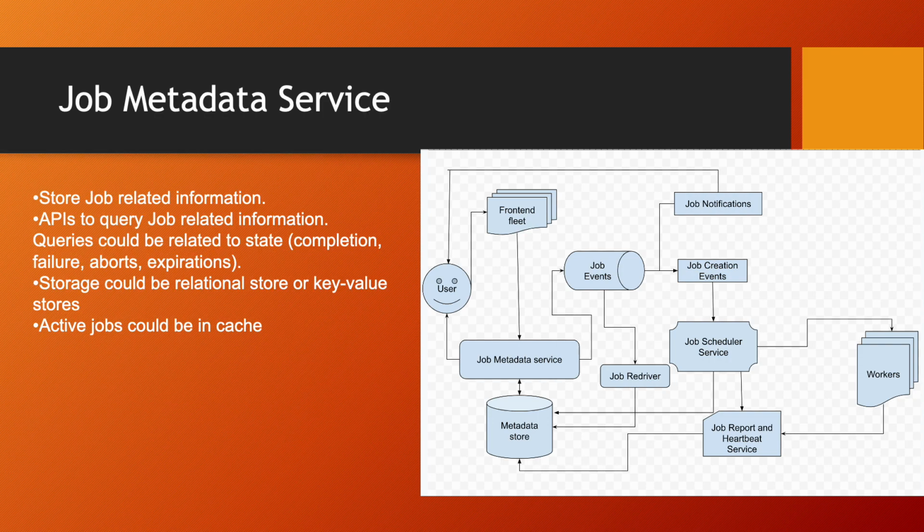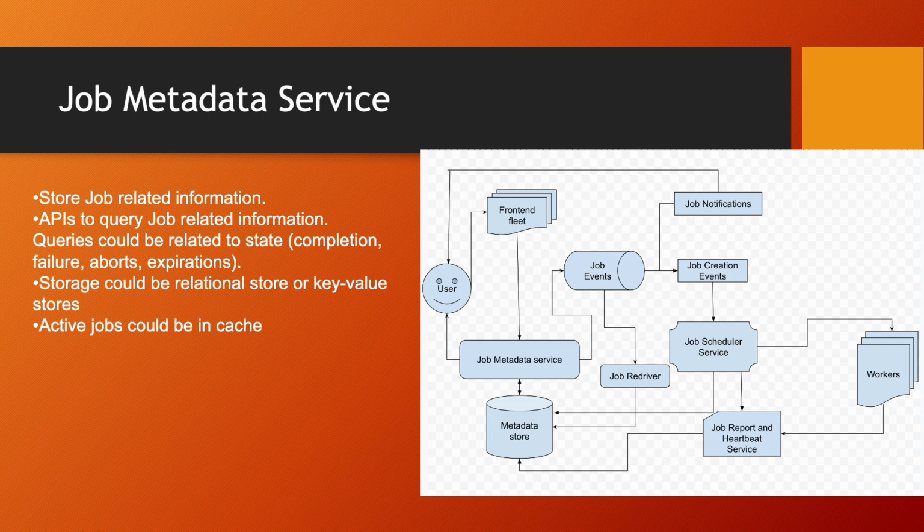Let's talk about some of the key subsystems of this overall design. So first is the job metadata service. It stores job-related information. It exposes APIs to query job-related information, and the queries could be related to job state. The users might be curious about job completion, failures, aborts, or expirations.